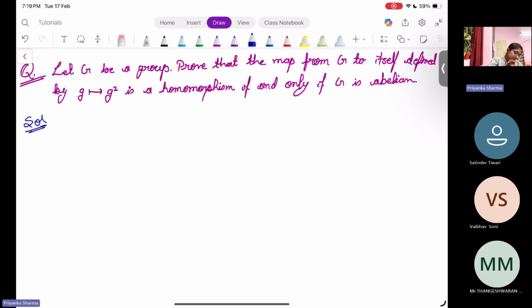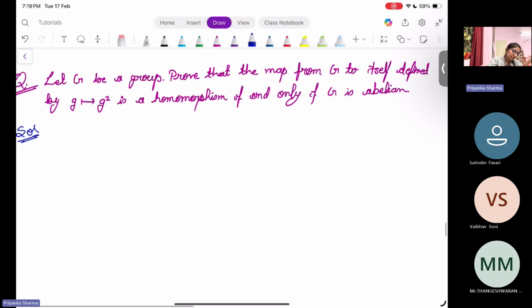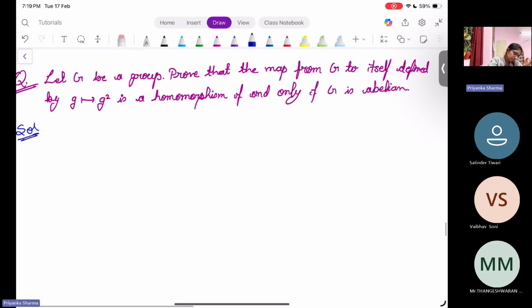So this one: suppose we have a group, then a map from the group to itself which assigns g to g square will be a homomorphism if and only if G is abelian.